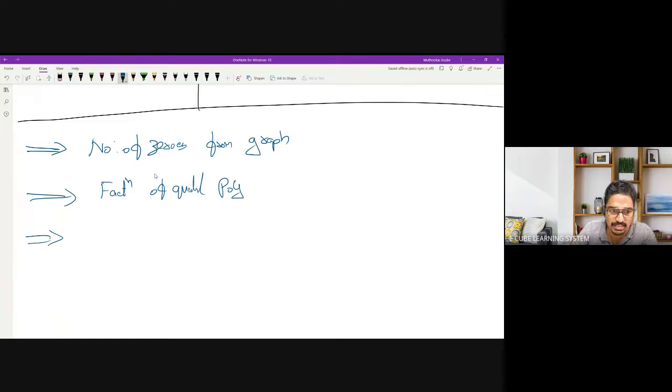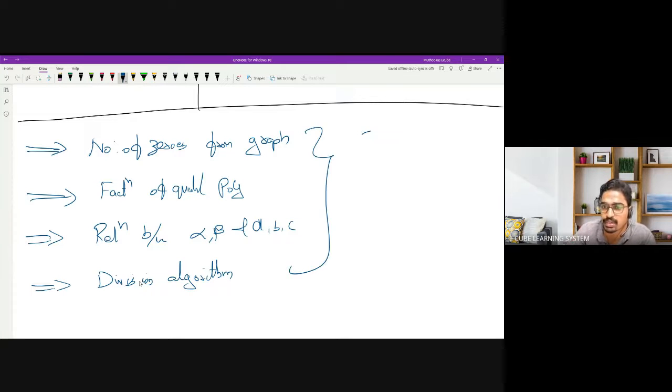The third was the relation between zeros and coefficients. The fourth point was the division algorithm. The chapter has content from 3 exercises, and this is what you should study for your first bi-weekly exam.